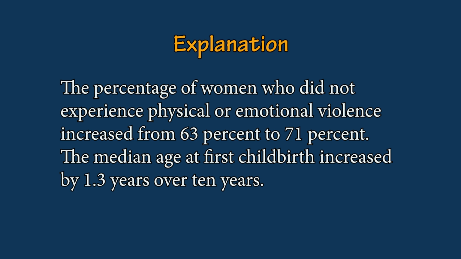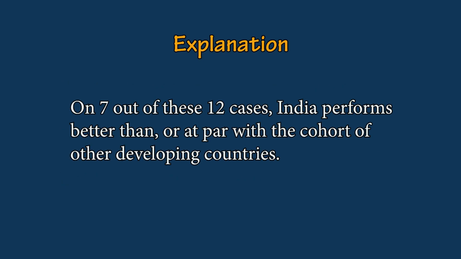And the median age at first childbirth increased by 1.3 years over the 10 years since 2005 to 2015. On 7 out of these 12 cases, India performs better than or at par with the cohort of other developing countries. So that is also about India's performance in comparison to other developing countries.